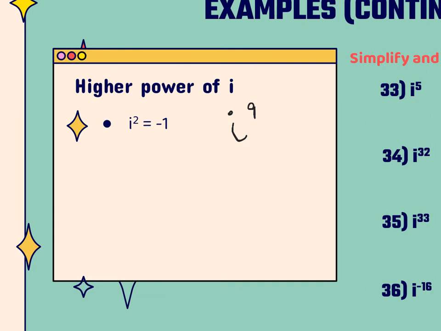So what we're going to do in order to simplify this is we're going to divide this power by 2. Now, one other thing I want to clarify, that whenever I'm doing any of these higher powers of i, there's only going to be 4 possible answers I could come up with. My final answer is either going to be 1, -1, i, or -i.